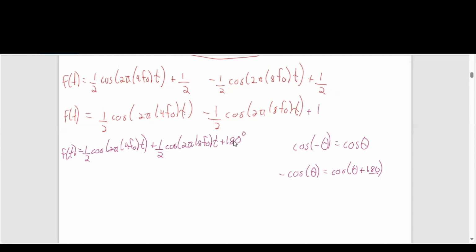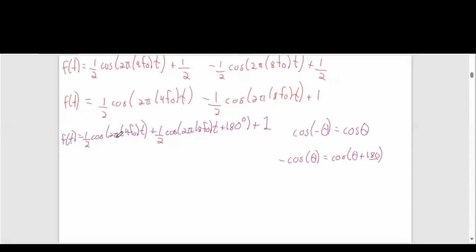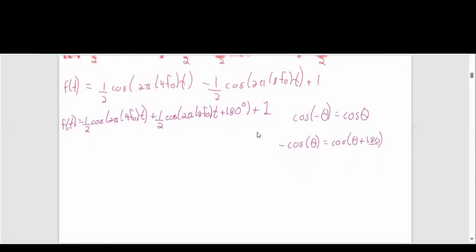Or you can say pi over 2 if you want it. And plus 1. Right, so nice. Everything is plus, a sum of sinusoids. It is in the trigonometric form. Right, anytime you have a constant with no cosines or sines, that is called a DC component. Right, so we see now a DC component surfacing here. Right, nice. So that is that.